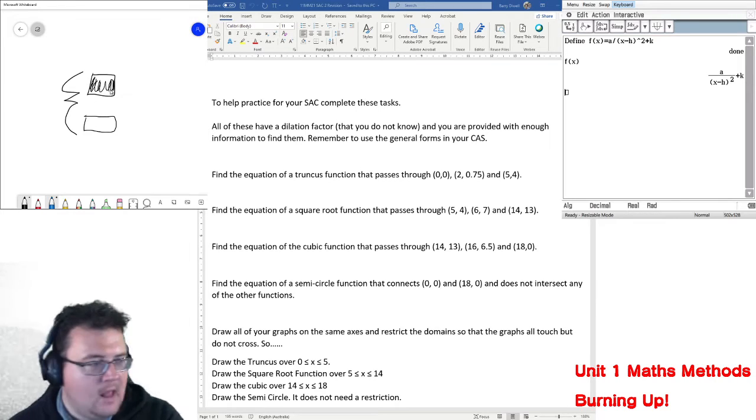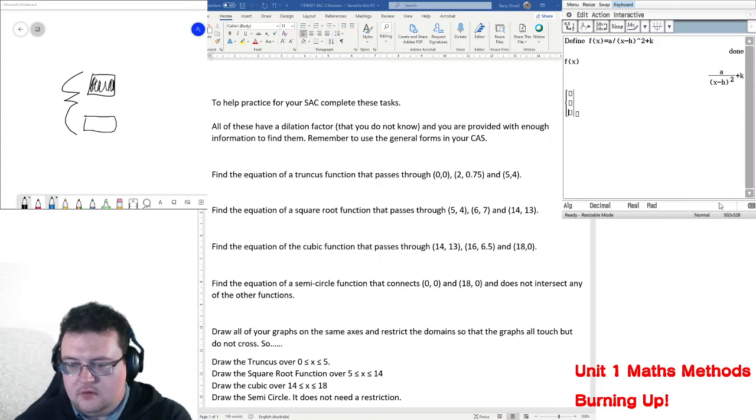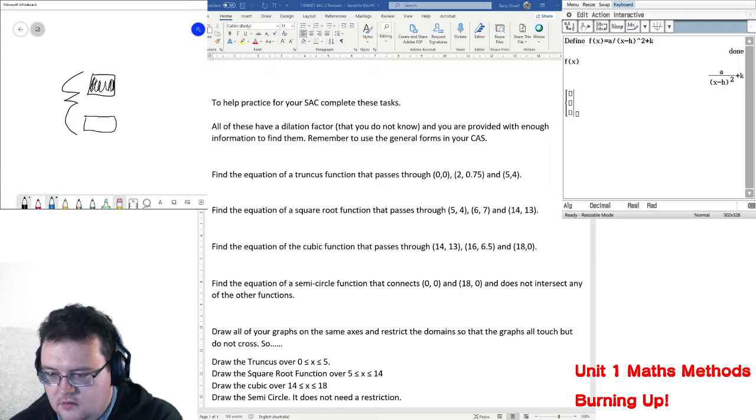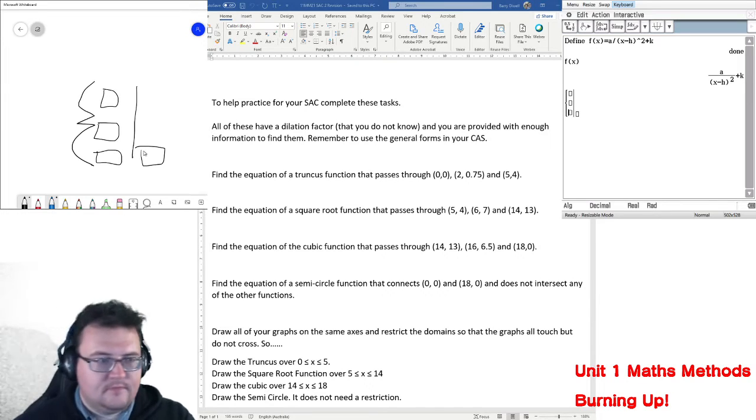I'm going to press it twice. So I'm going to end up with three boxes, a line, and then a third box.